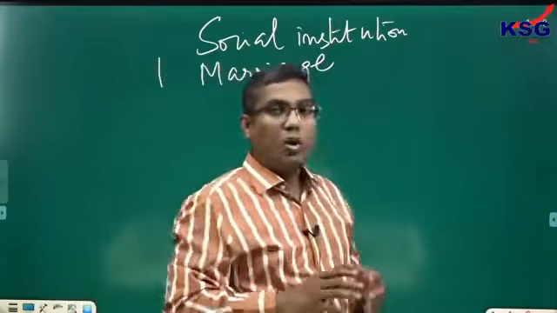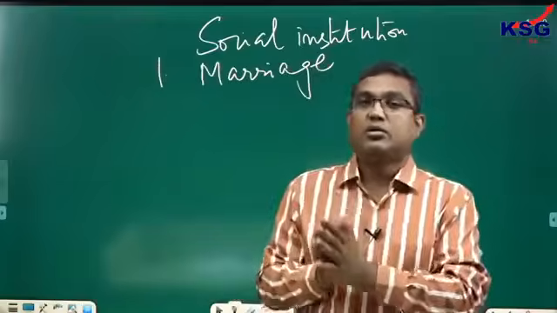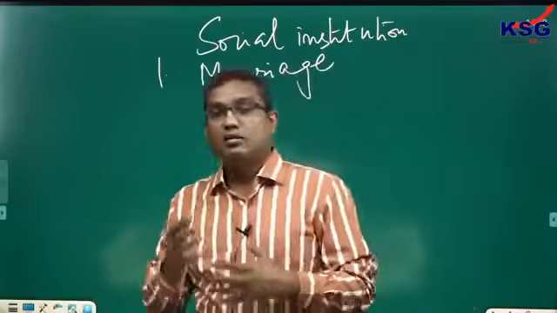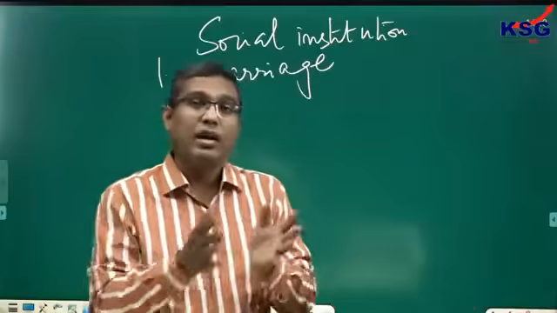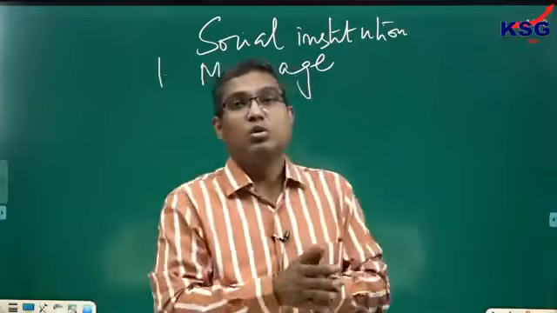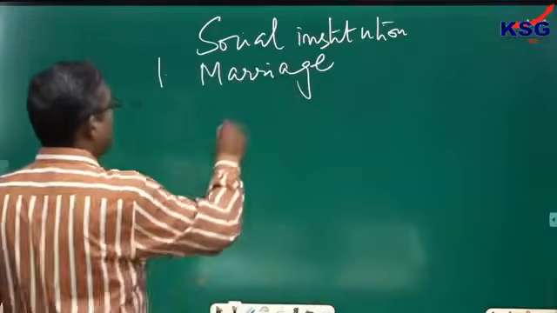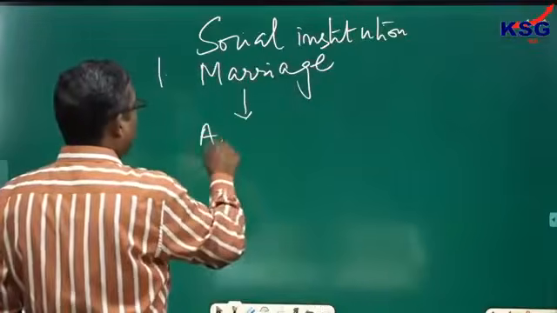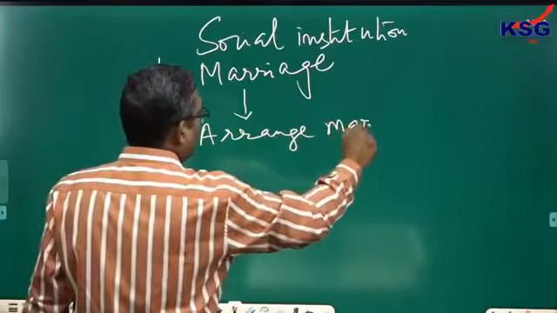You see, I already explained in our previous class that in Indian society, the normal course of performing marriage is through arranged marriages. India is a country of arranged marriages.